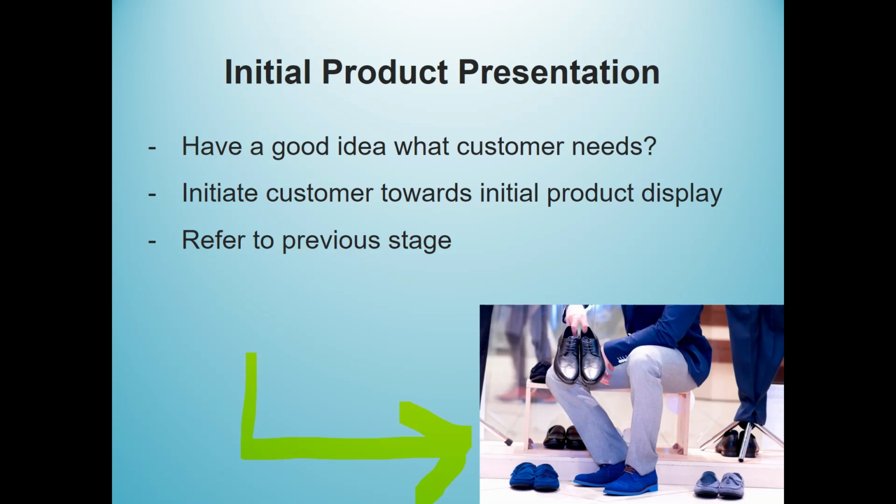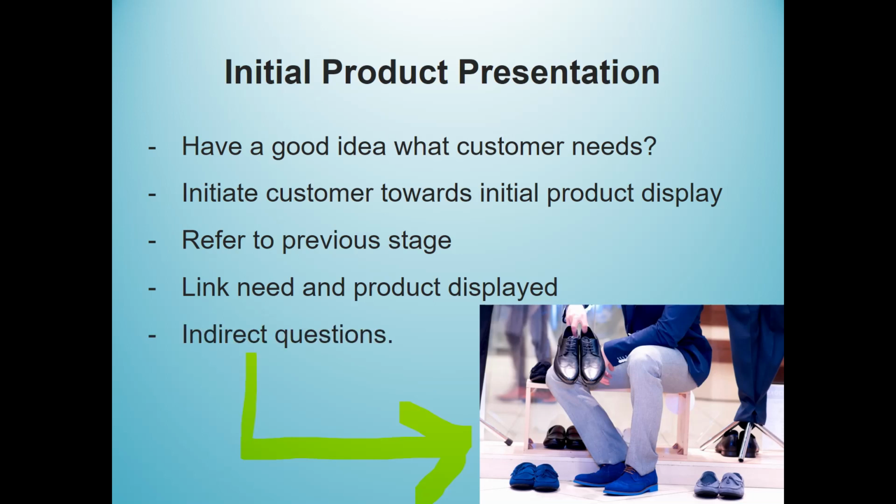And again, refer to the previous stage where you have attained this and gotten to the customer's needs. So here is where you have to link the need to the product display. Having researched the actual need, and now you're showing the actual product, do these two connect? And this is where you have to ask the question, is this exactly what you're looking for? So this is where you need to follow up with indirect questions and also closed questions.